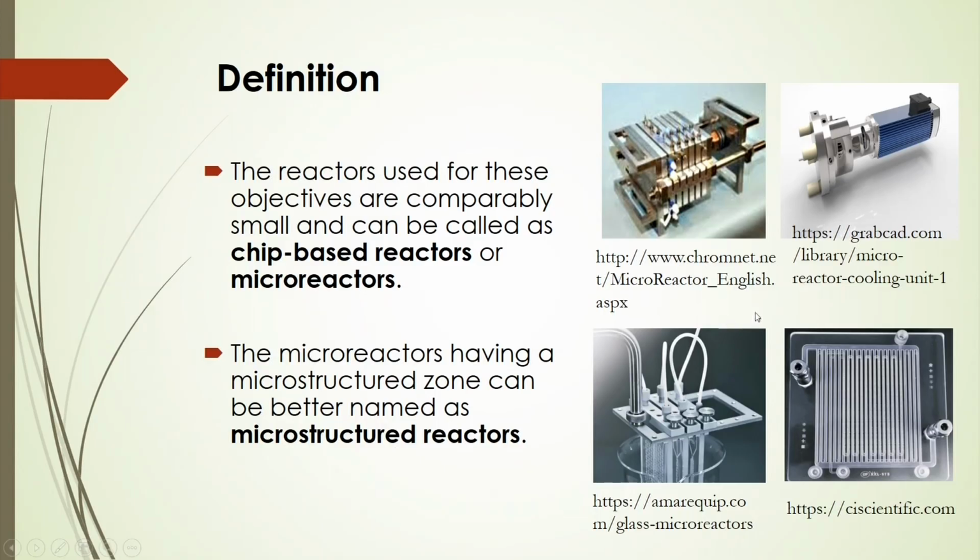Here, several different types of micro reactors are shown in the slides, taken from a website. This one is a glass micro reactor, a channel based micro reactor, where micron size channels are made in a glass system, so that whenever the flow of a process stream comes into the reactor and goes out, during the flow through the channels there is some process intensification.